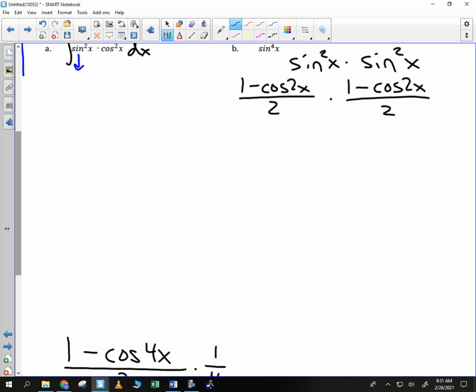Everybody okay with that step? All right, let's multiply. Is something in the middle going to cancel this time? No, it won't, will it?